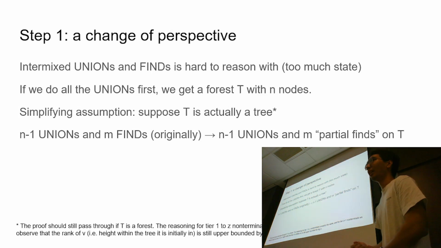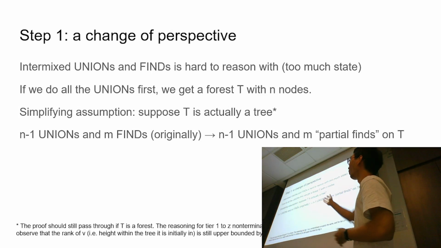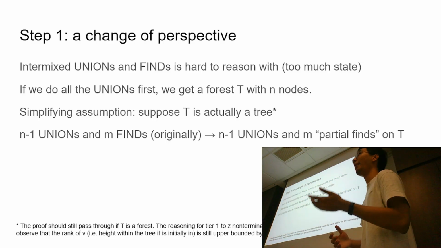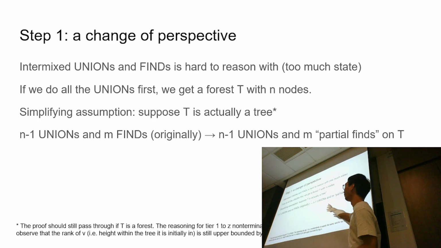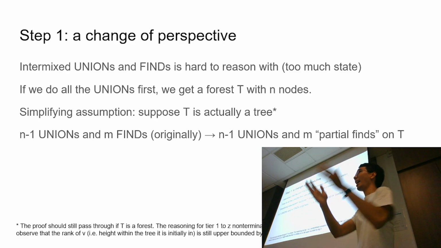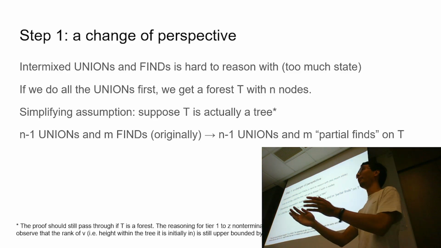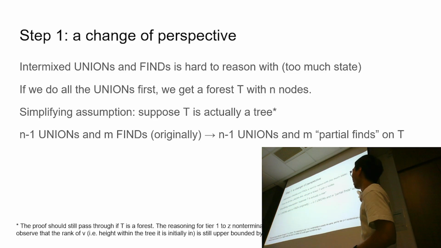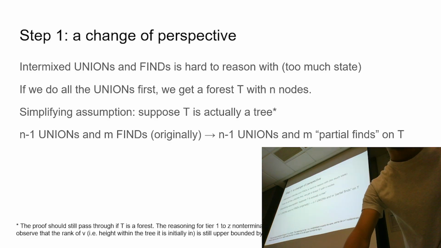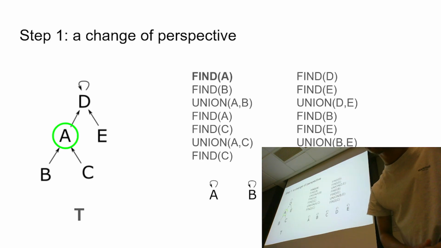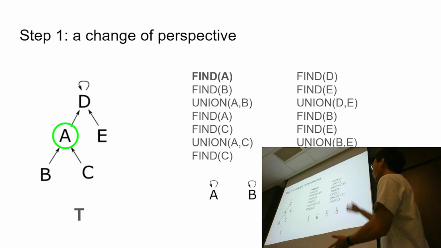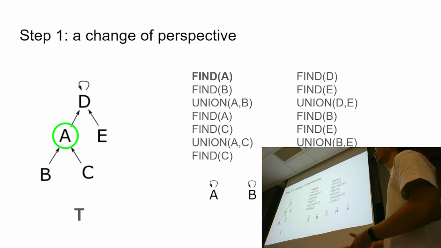If originally we had n minus 1 unions and m finds, now we can convert it into a sequence of n minus 1 unions at the start, followed by m partial finds on this forest or tree. I'll run through the previous example to illustrate how it looks.